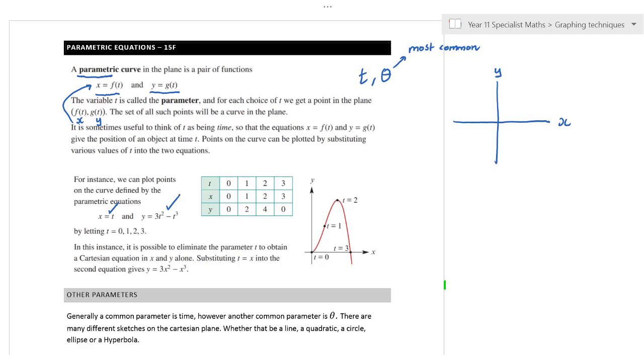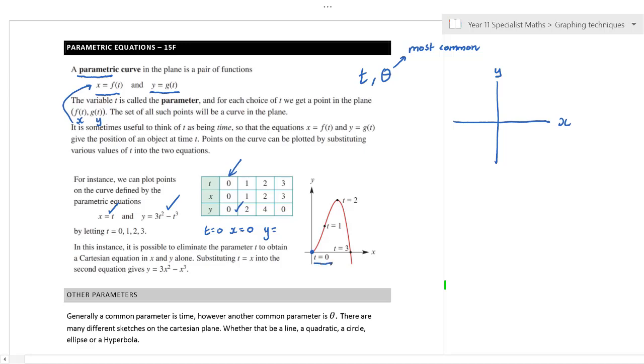By letting t equal 0 and substituting, x equals 0, since x is equal to t. And y is 3 times 0 squared minus 0 cubed, which is also 0. Now t equals 0 refers to time.